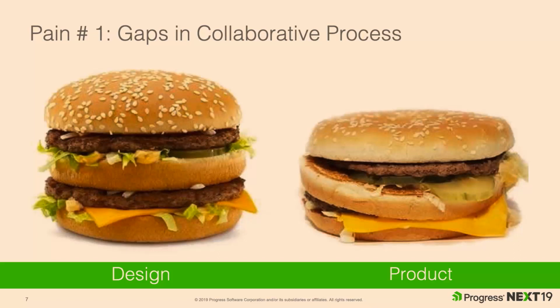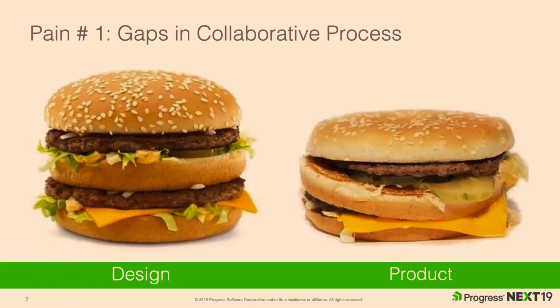The designer's Big Mac looks wonderful, right? But to the designer, when that Big Mac is implemented the way that you see it on the other side, they're frustrated, right? Designers are incredibly frustrated because the picture of what this application could have been wasn't seen through to its fullest potential.